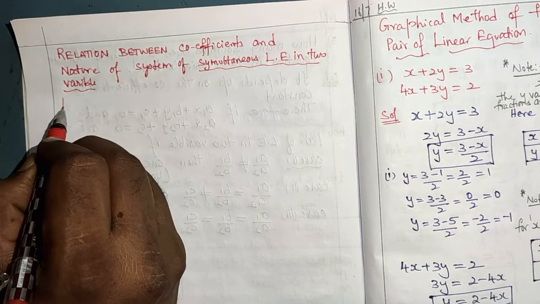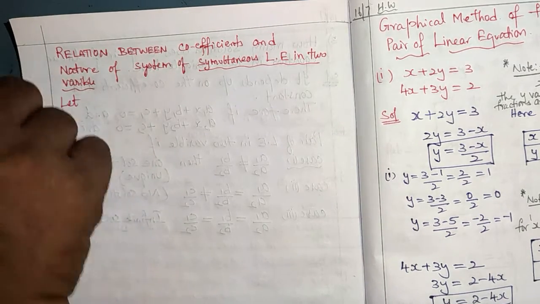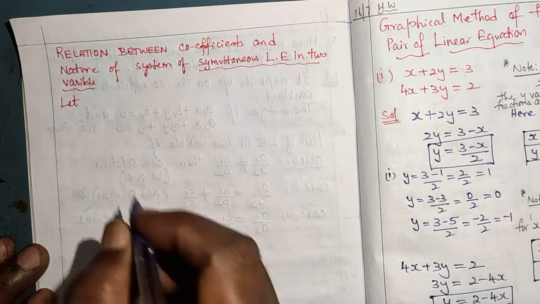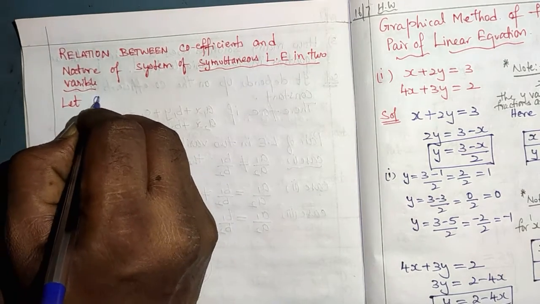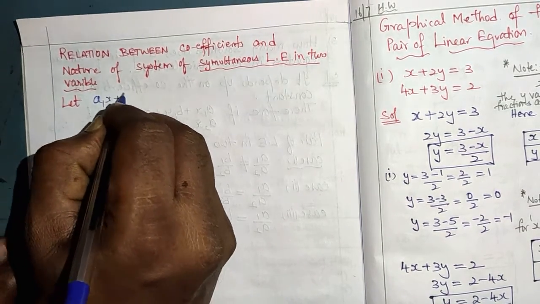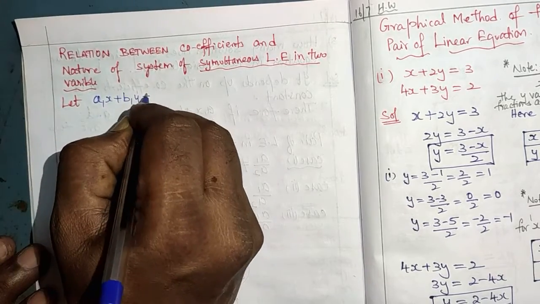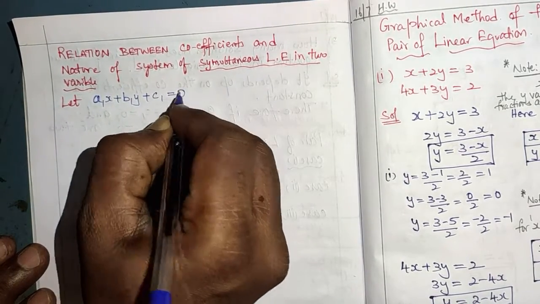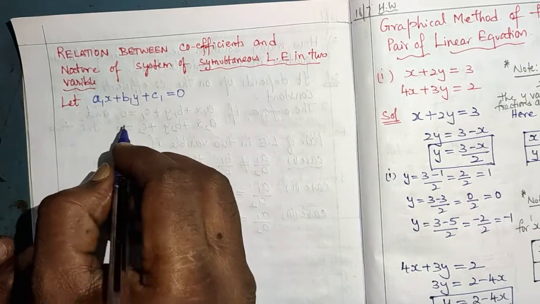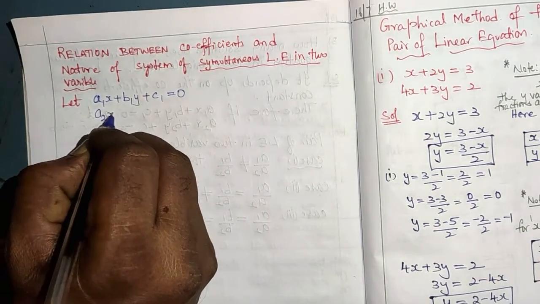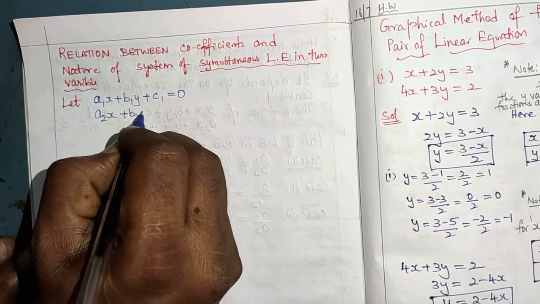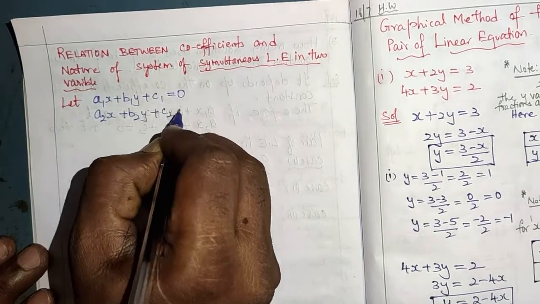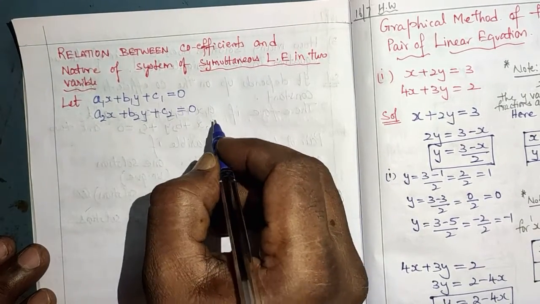Let us assume a1x plus b1y plus c1 is equal to 0. The next equation is a2x plus b2y plus c2 is equal to 0.